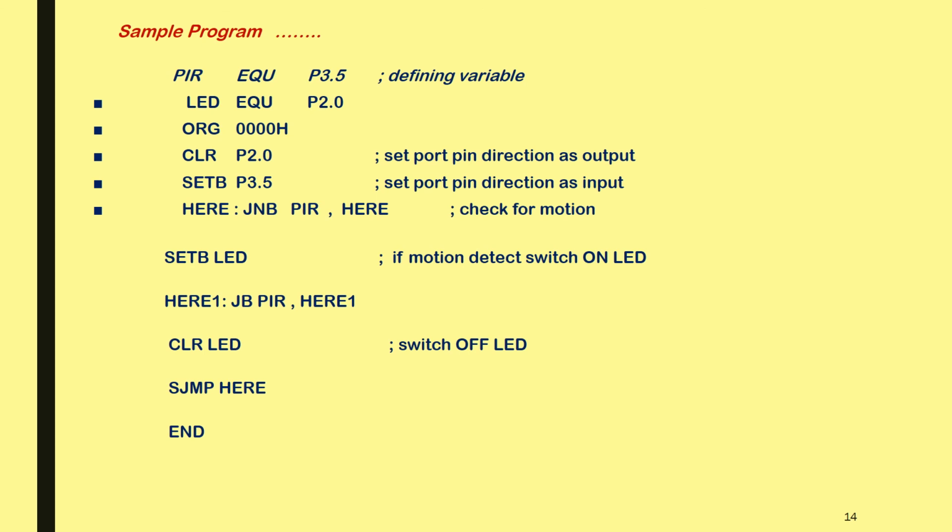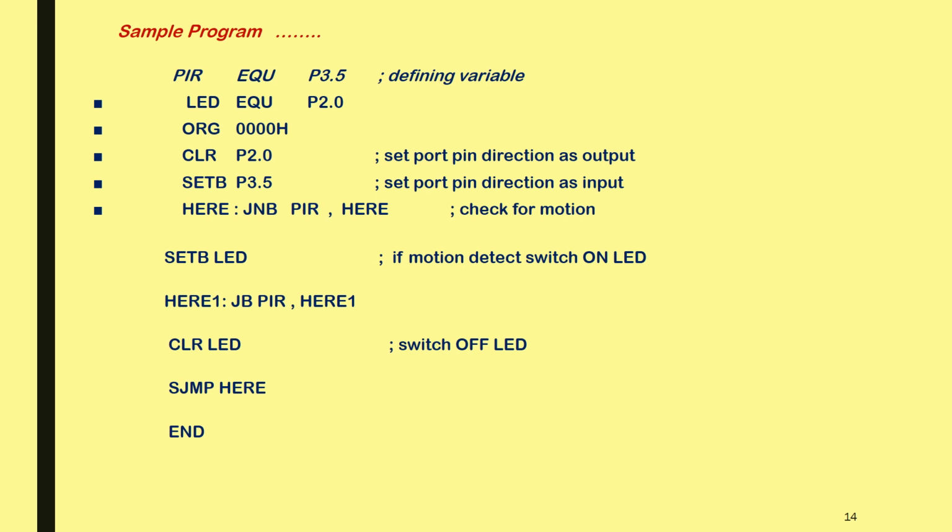In the beginning we did SETB P3.5, first of all setting the port pin because we have to use that particular pin as an input port pin. If the PIR bit is set, then check; if not set, remain.